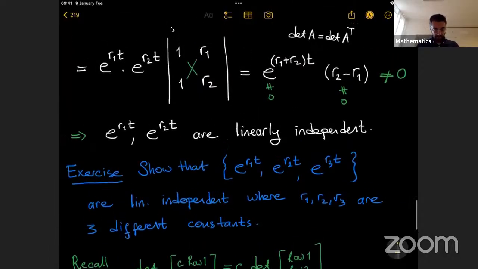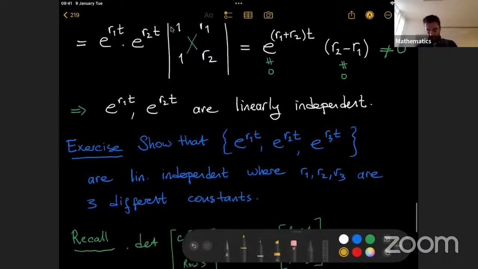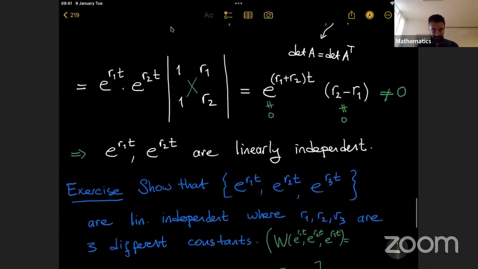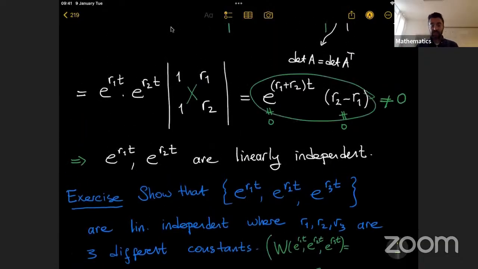Let me write the answer here quickly. The Wronskian becomes e^(r1 t), e^(r2 t), e^(r3 t). If you do that, you will get a similar thing to what we have here.